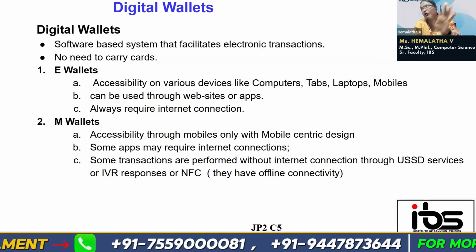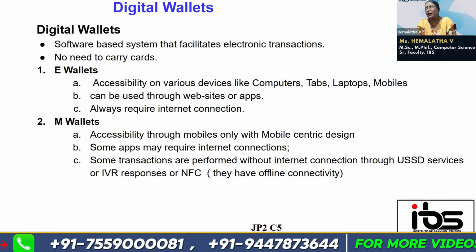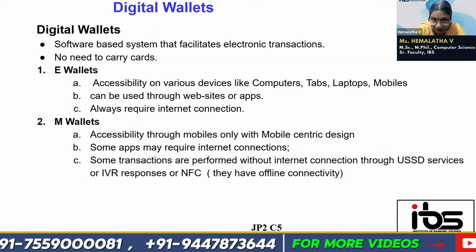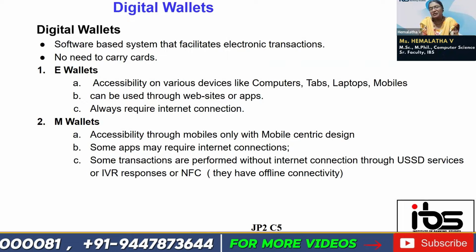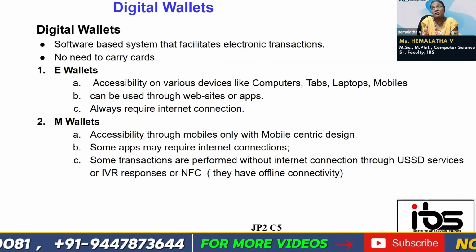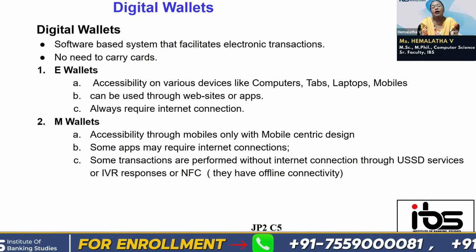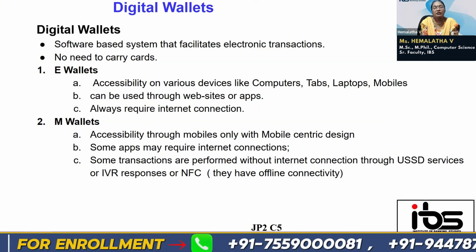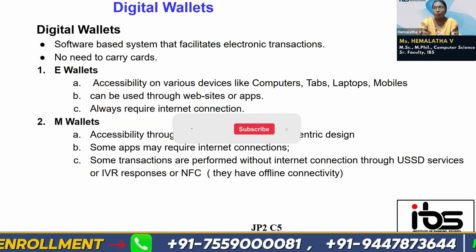When you say wallet, you can install it only in your mobile devices. The design is mobile centric. Here also, the e-wallet always needs an internet connection. And it is not based on mobile rules and restrictions.